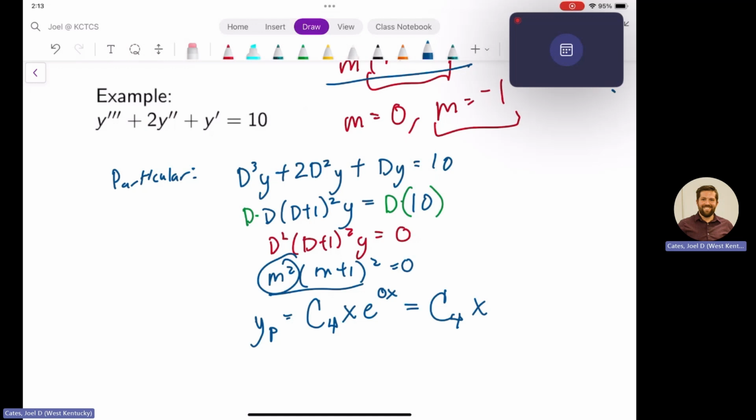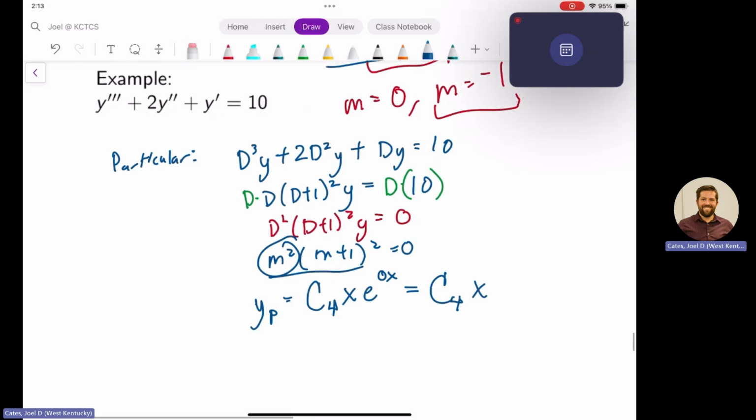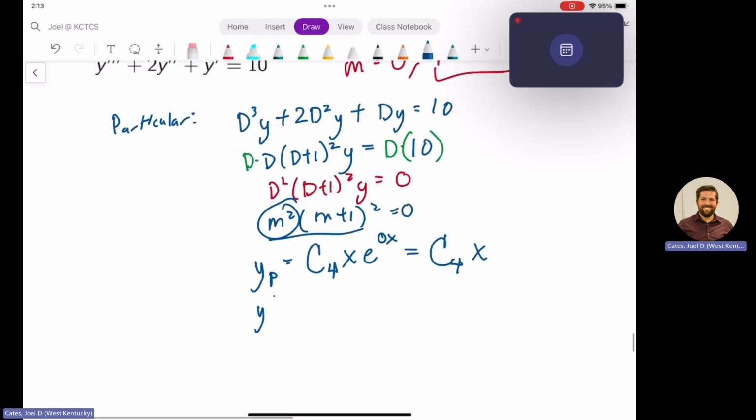But we're not done. We can work with the particular solution to get its coefficient solved. So if I think about derivatives here, my first derivative would be just c sub 4. My second derivative of my particular solution would be 0.